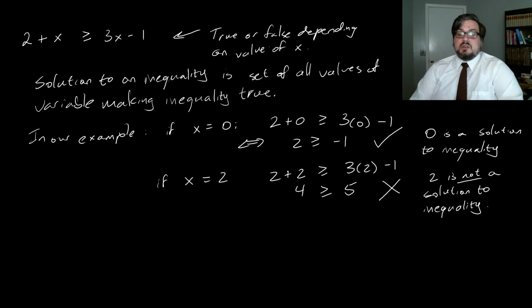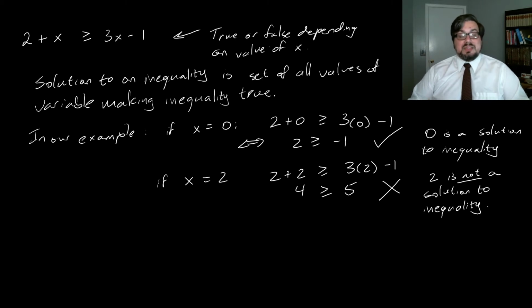So the question becomes, how do we find the solution to an inequality, and then how do we express it? The answer is that we're going to follow the same techniques that we used for equations typically.